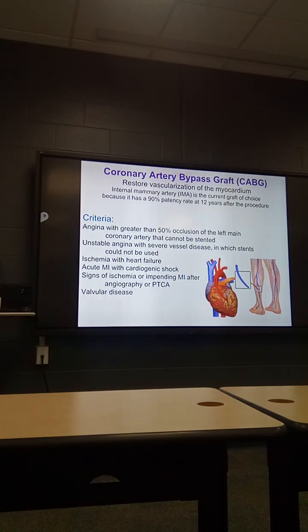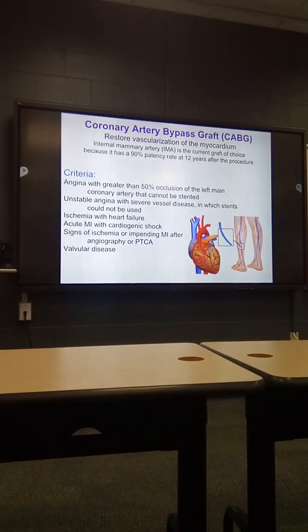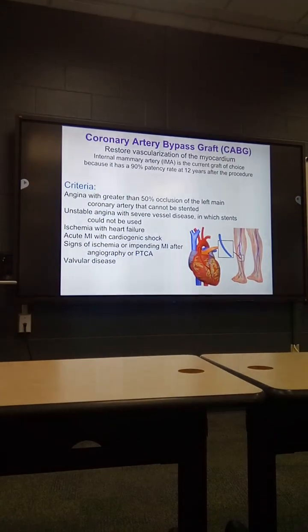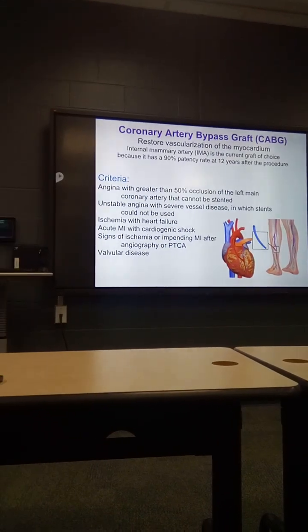You can see that this vessel is sutured into the aorta, and then it's connected past that blockage right there. And it restores blood flow to the rest of the area of the heart that's being blocked. And when it says a triple bypass or quadruple bypass, that's just the number of bypasses, how many vessels they use.